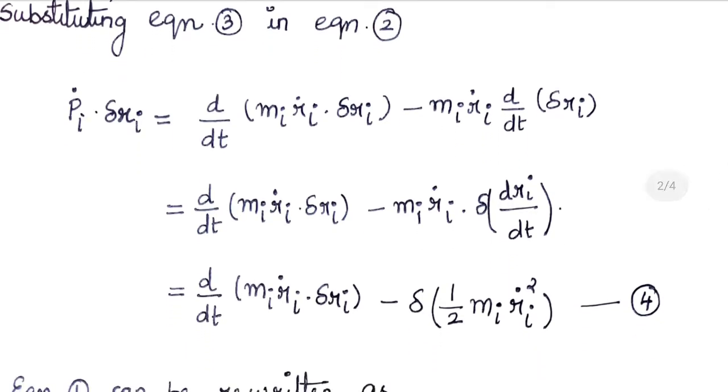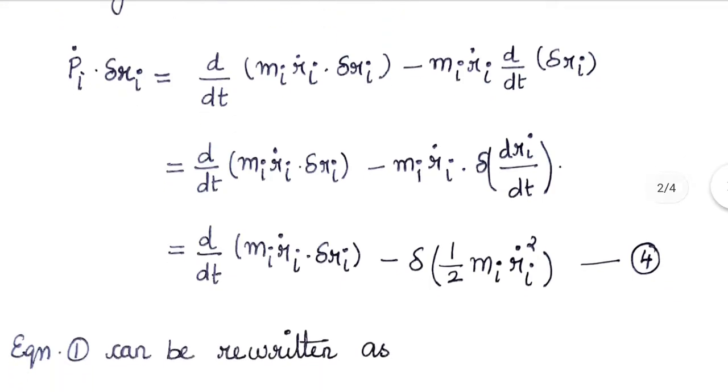So we get d by dt of Mi Ri dot delta Ri minus delta of, the second term we write as, half Mi Ri dot square. If you do the differentiation of this half Mi Ri dot square, you will get the previous term, that is Mi Ri dot delta d Ri by dt.